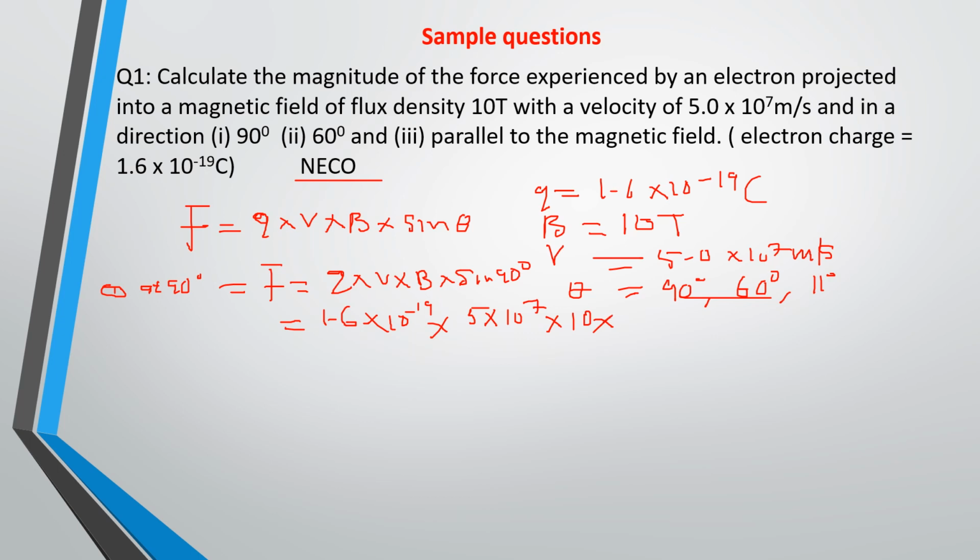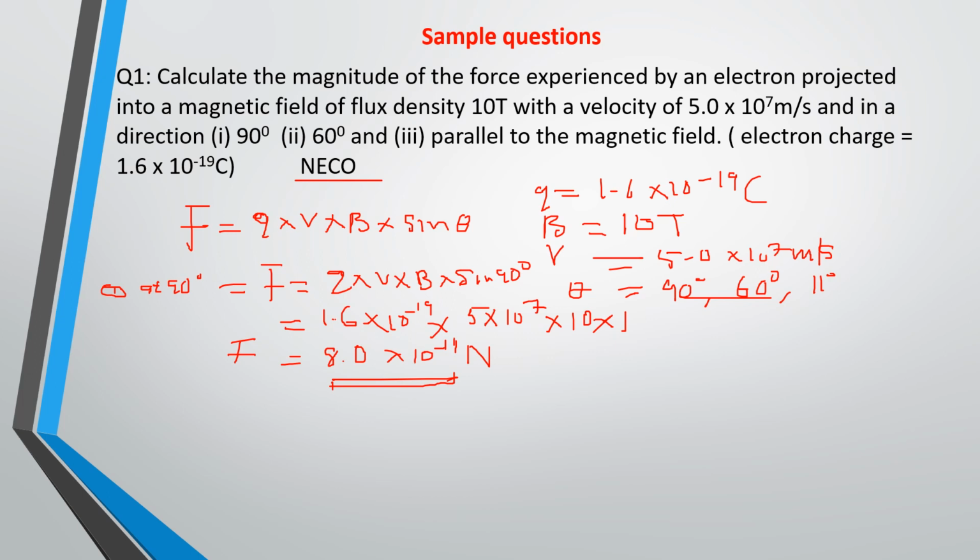Sine 90 degrees equals 1. By the time you work this out, you have that force is equal to 8.0 times 10 raised to power minus 11 Newton. Press that out from your calculator, and this is what you are going to have. So when the angle between them is 90 degrees, this is the force that is experienced by the electron.